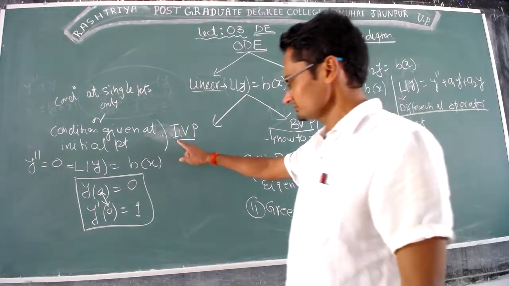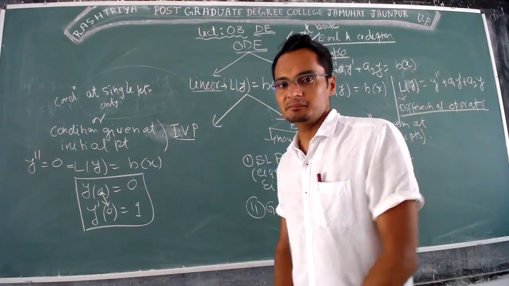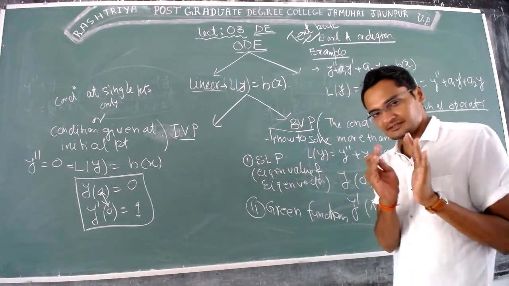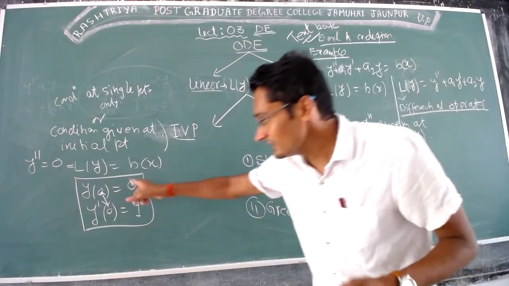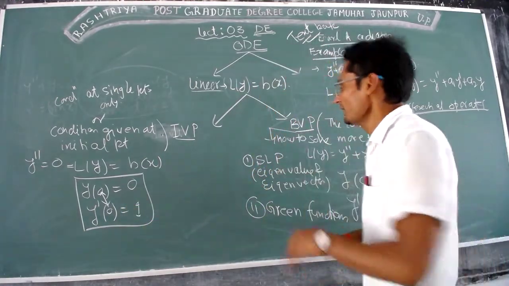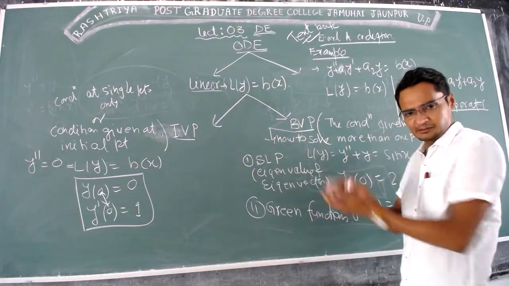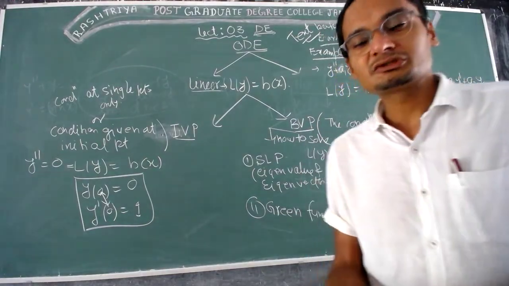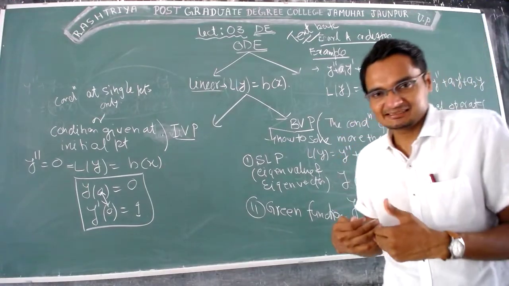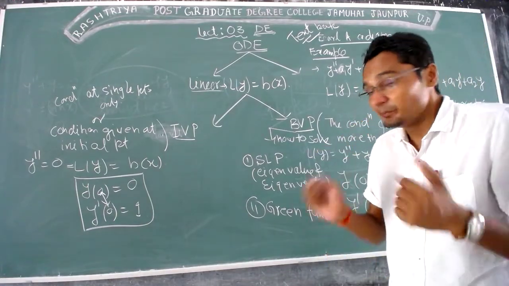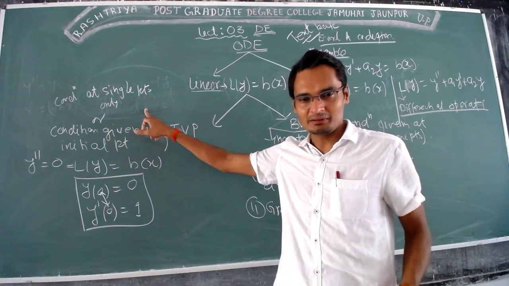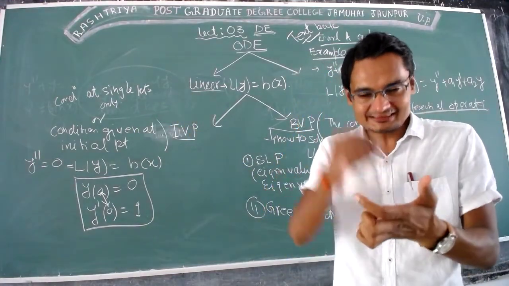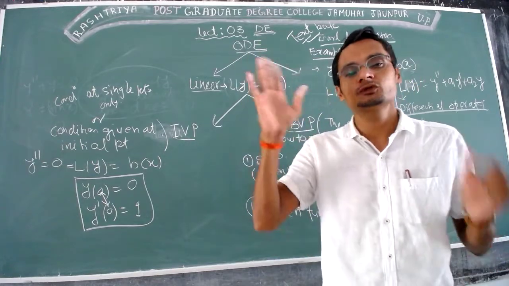Then the question: how will we solve the initial value problem? Then you decide and tell me. In an initial value problem, the differential equation will be given and the condition will be given at a single point. In a boundary value problem, everything will be the same, but the conditions will be at more than one point. So I think for easiness and better understanding, we should start with the initial value problem, because here the conditions are given at a single point only.